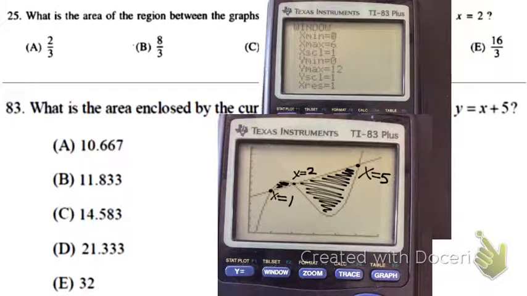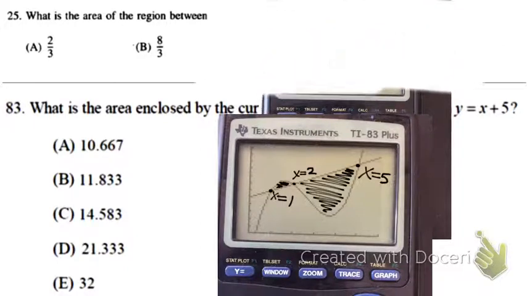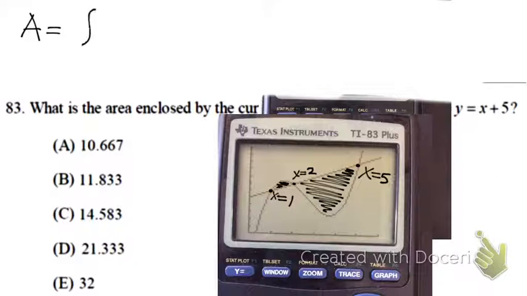So when I set up my integrals, I'm going to set them up like this. Let me clear some room up here at the top. Now, I know that I typed in my cubic function as y1 and my linear function as y2. So when I set up the integral for area, my first area, this smaller area right here, is going to be the integral from 1 to 2 of cubic minus linear.